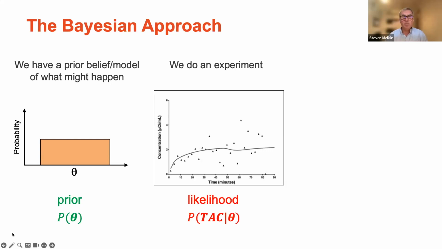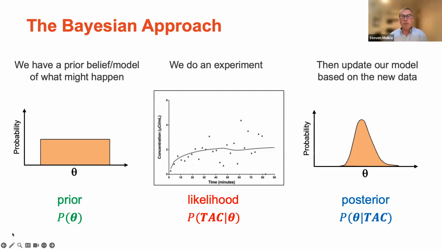Then we do our experiment, take some observations, and that gives us another conditional probability. Now we've got the likelihood function, which expresses the likelihood that we get a particular distribution of PET measurements given some underlying model, our vector of model parameters.